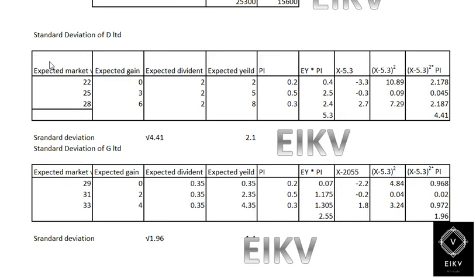So over here they have given the expected market price. So the expected market price would be 22, 25 and 28.